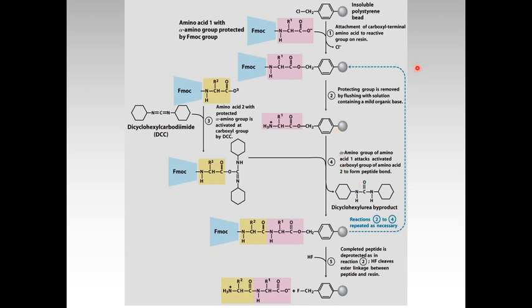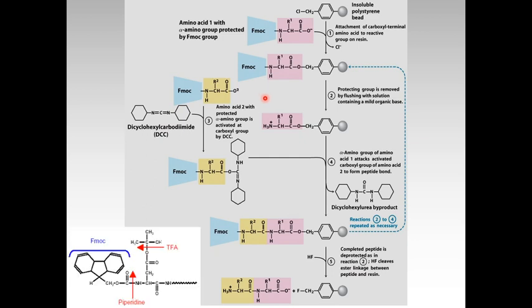Reactions 1 to 4, which are shown here, are necessary for the formation of each peptide bond. The Fmoc group, shaded in blue, prevents unwanted reaction at the alpha amino terminus of the growing peptide chain.